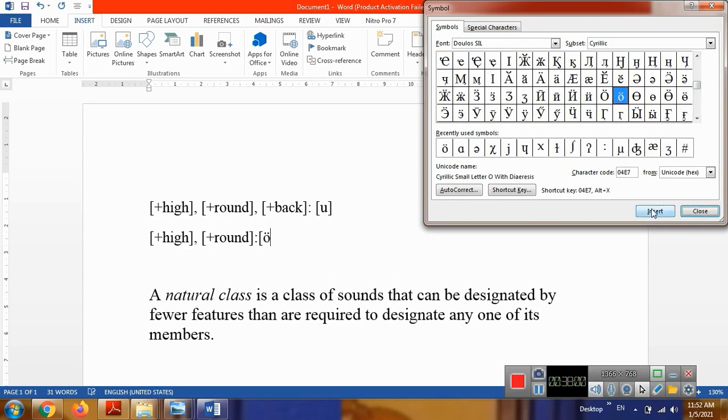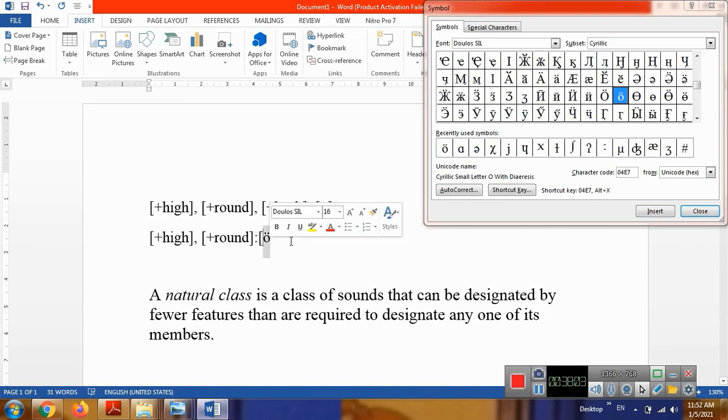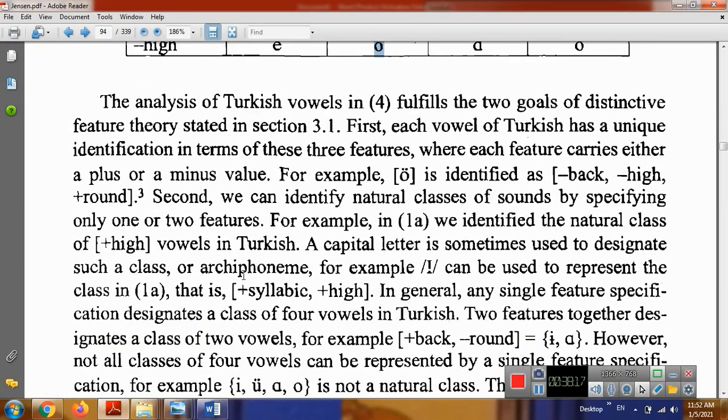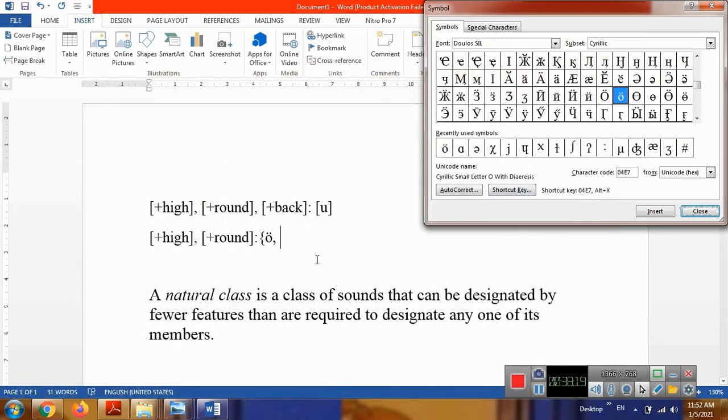I should use such a feature. They are according to the American tradition, not IPA.